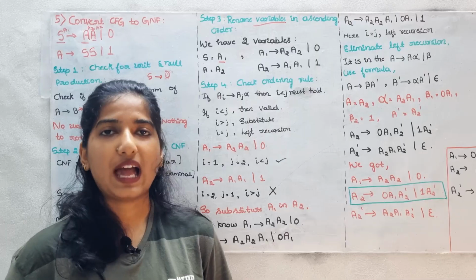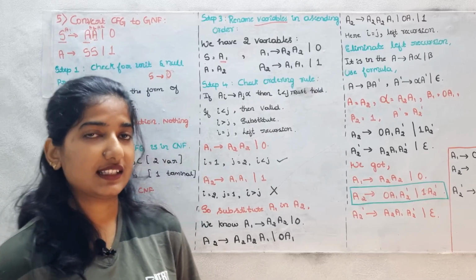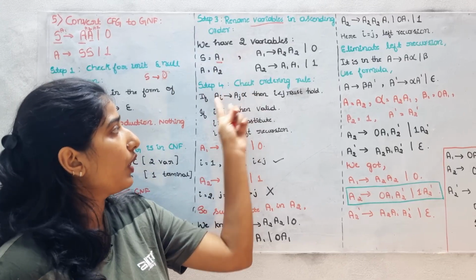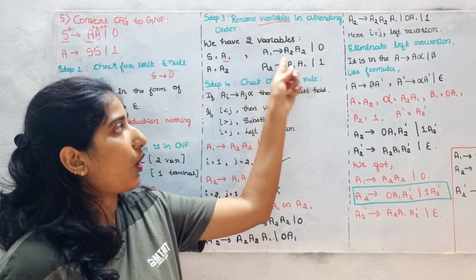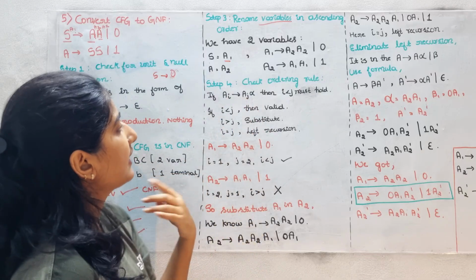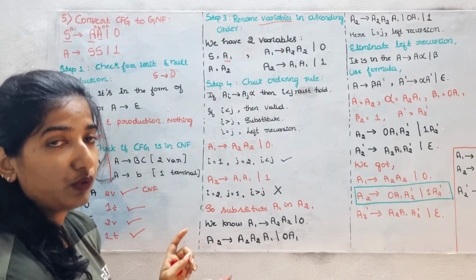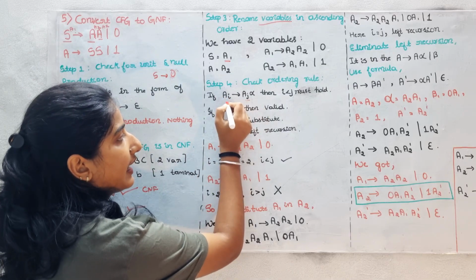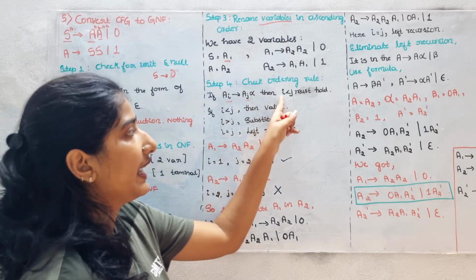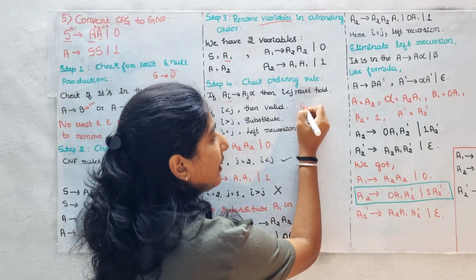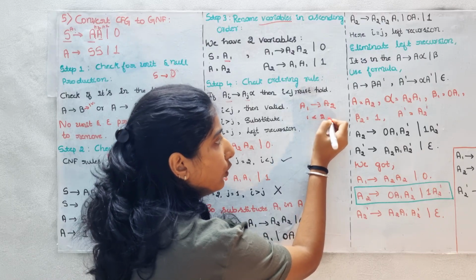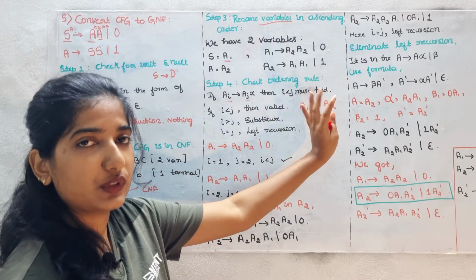In step 4, we have to order the variables. That's why we are renaming variables as A1 and A2. Now after renaming, we have the equation in the form of Ai derives Aj alpha. So we have to compare this i and j. If i is less than j, which means if I am comparing A1 derives A2, 1 is less than 2, then there is no issue, this is valid.